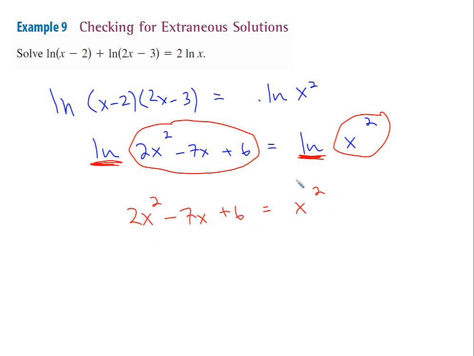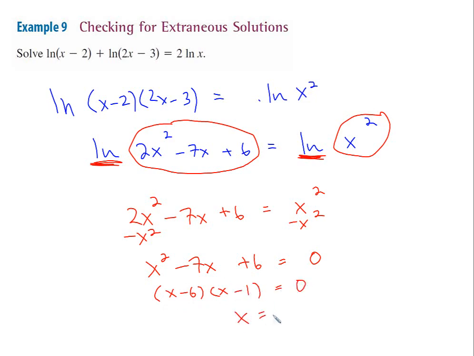And then you've just got a quadratic here. Set it equal to 0 and solve for it, so we minus x squared. So you get x squared minus 7x plus 6 is equal to 0. So we factor this: x minus 6, x minus 1 is equal to 0. So your solutions are going to be 6 and 1.